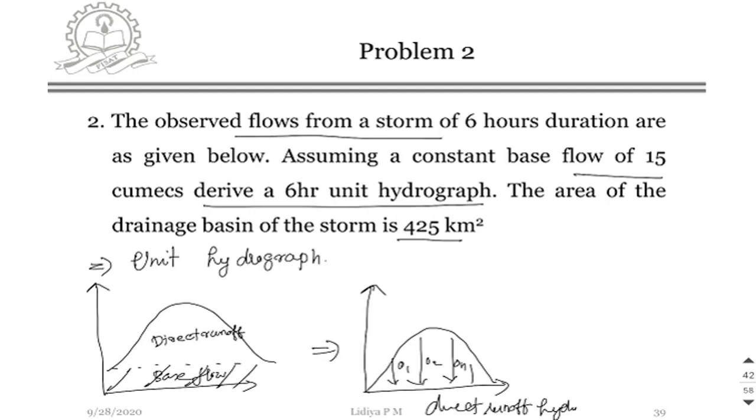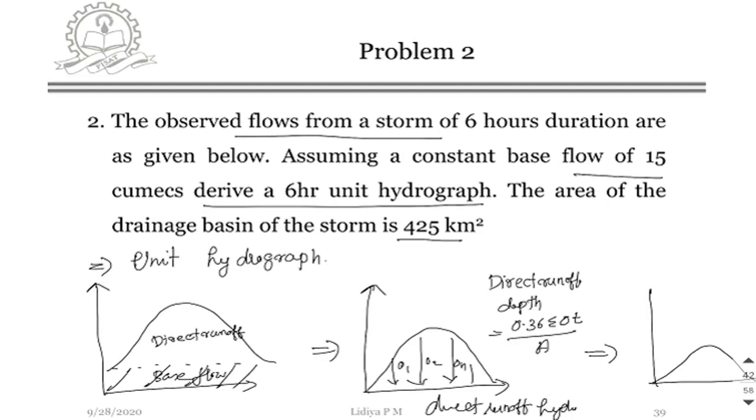Then finally you have to find the unit hydrograph. How to find the unit hydrograph? For that, you have to find the direct runoff depth. How to find the direct runoff depth? We have the equation 0.36 sigma O T divided by A, where sigma O represents the sum of these ordinates, T represents the time in hours, and area is given.